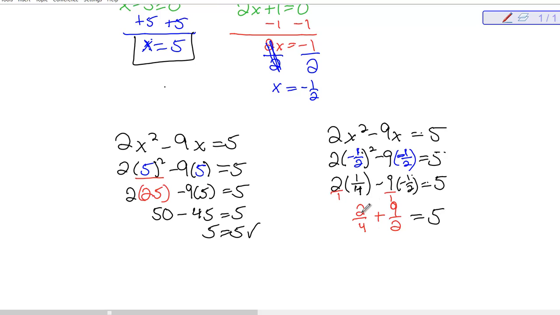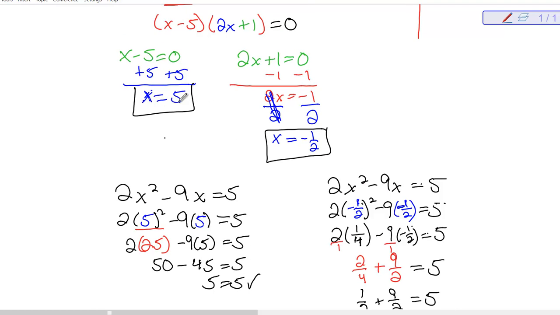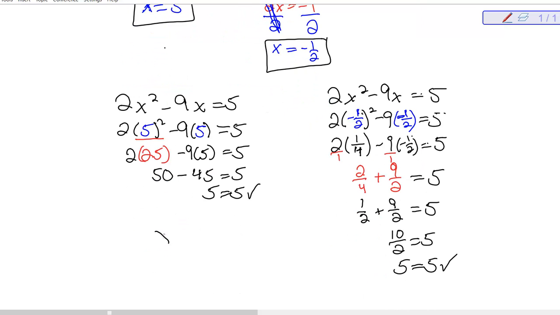But notice right here, 2 divided by 4, I can simplify that into 1/2 plus 9/2. So 1/2 plus 9/2 actually gives me 10/2. And 10 divided by 2, or 10/2, is the same thing as 5. So both of these check out. X is equal to 5, and x is equal to a negative 1/2.